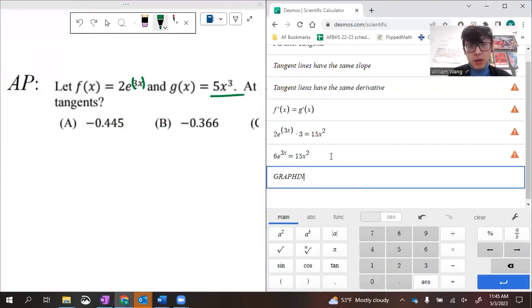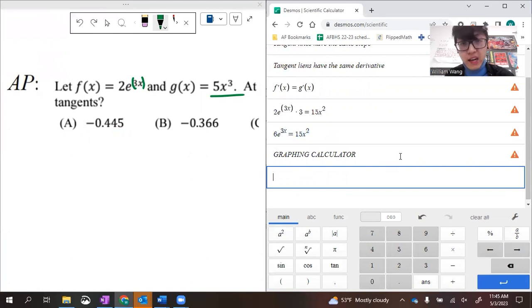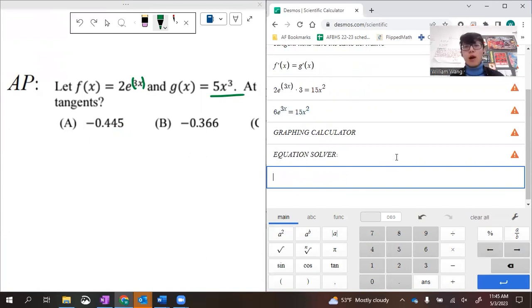So I'm going to pull up my graphing calculator. And to solve this equation, well, we have a tool for that, and it's called the equation solver. I'm also going to use another tool just to show us this. I can also use this by plotting the two and finding the points of intersection.